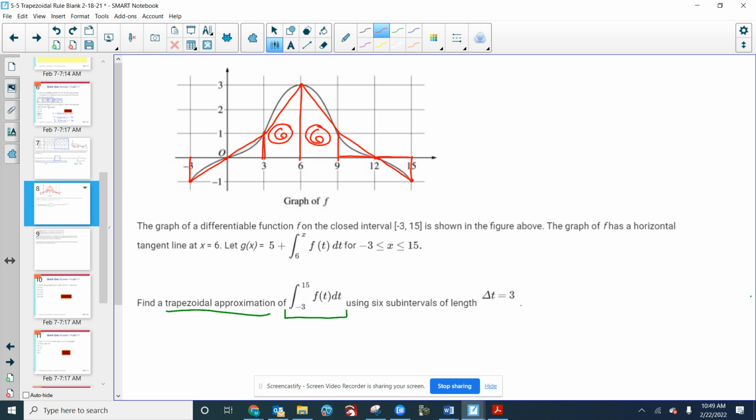So the integral by itself in its own context, the integral from -3 to 15 of f of t dt was what? 12. Okay? But they defined G to be something a little different.